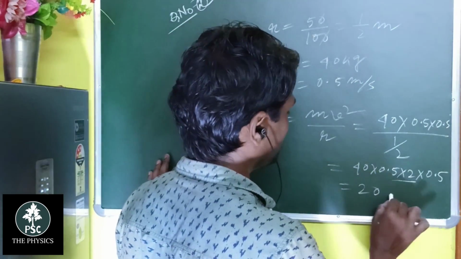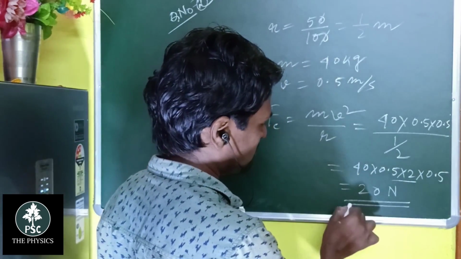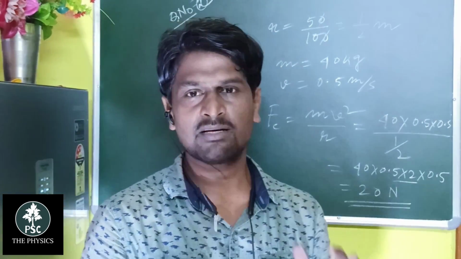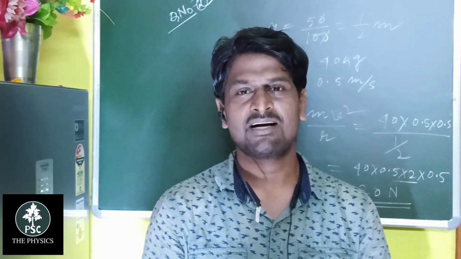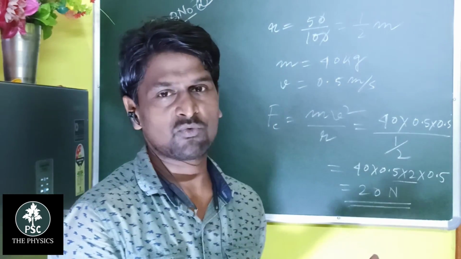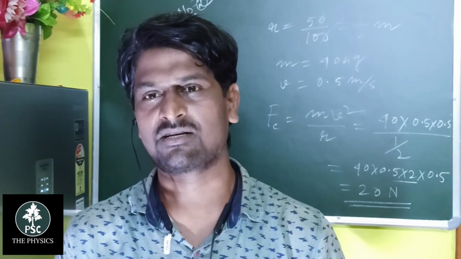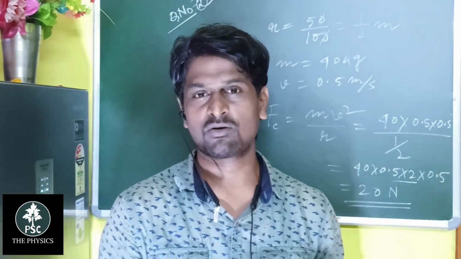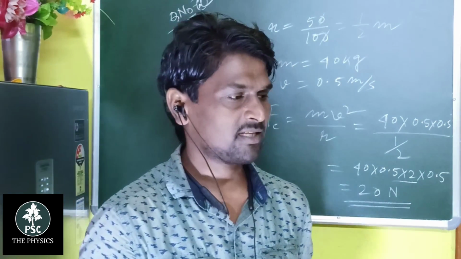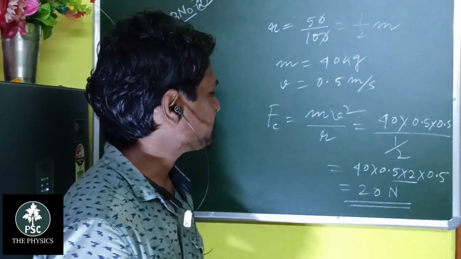This is 20, so 20 Newton. So students, you can easily get a feeling of 20 Newton force with your sister or brother, take him and try to rotate this one, and don't do that, but playfully.